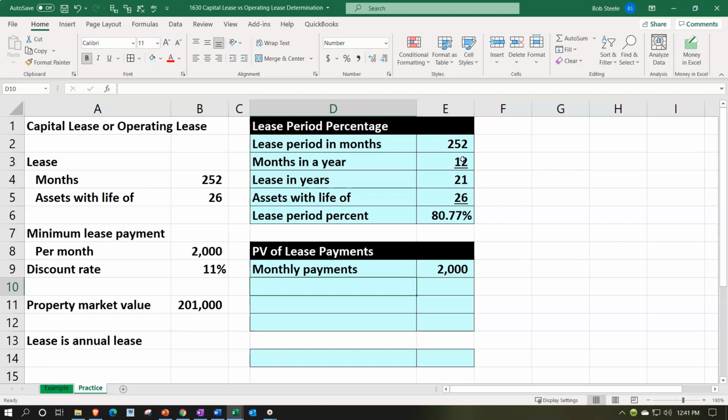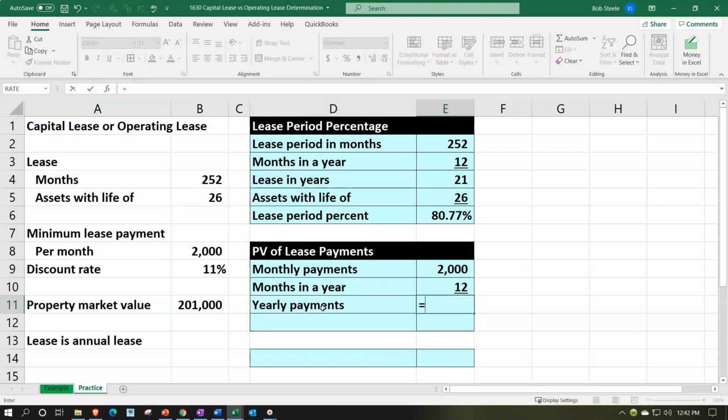So we're going to say, all right, the months in a year are 12. So I'm going to make that 12, go to the font group and underline it, and that's going to give us our yearly payments, which would be equal to the 2,000 times 12. So we have the 24,000.